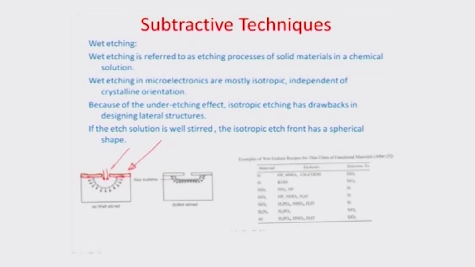And in the process, because it is a homogeneous process, the etchant goes into this etch cavity, and it starts etching in all directions, resulting in this undercut.